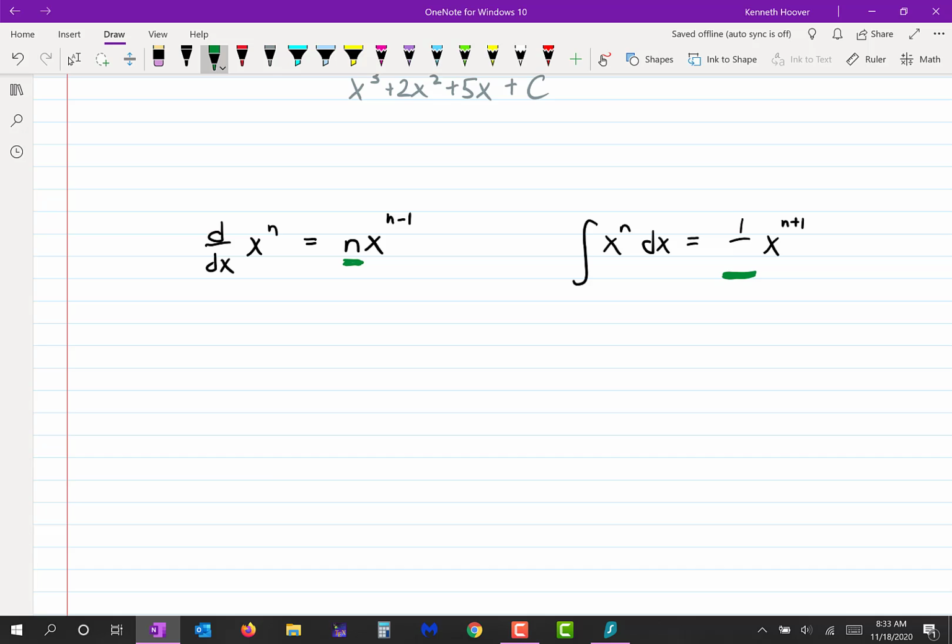The only question is, is it that exponent I divide by, or that one? Should this be an n down here, or should it be an n plus 1? Okay? So let's just check. It's one of those two.